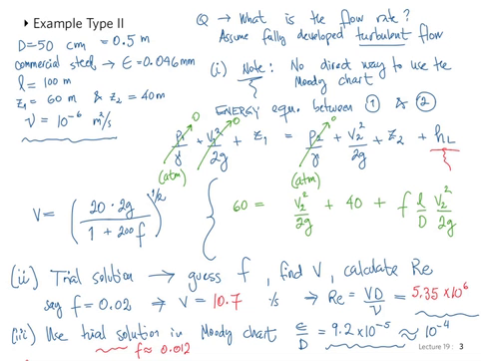You need to confirm that your solution didn't change. If we used F equals 0.012 and went through the whole thing and it gave us back a different F, you would have to do it again until it converges. But if you had started with 0.012 in this problem, you would have gotten 0.012 the second time around, and then you stop.